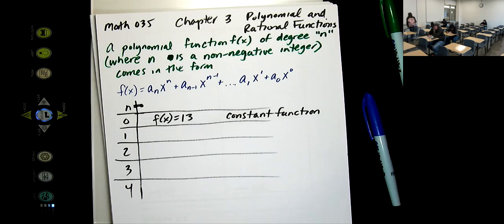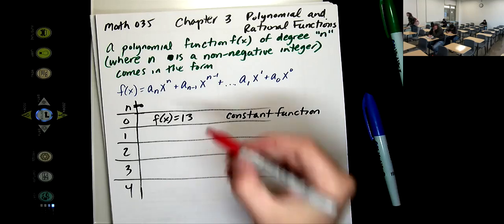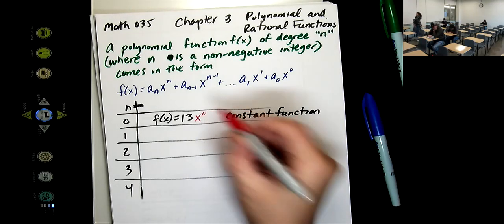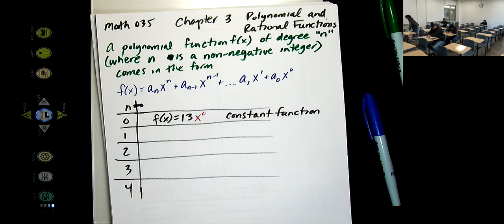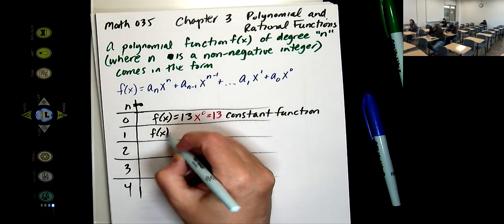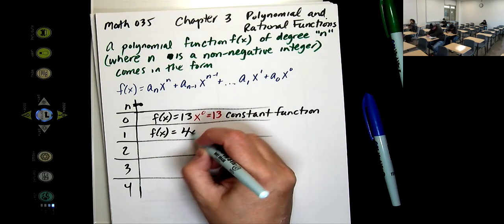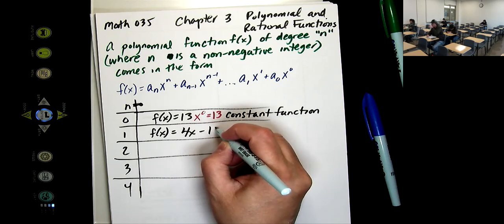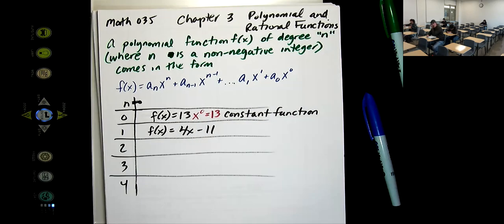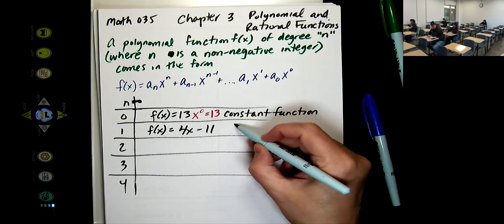And the way that shows up as n to the 0 is because I could put x to the 0 power right here, and it's still just 13. X to the 0 equals 1. We could have something glorious. You've seen these, these are linear functions.